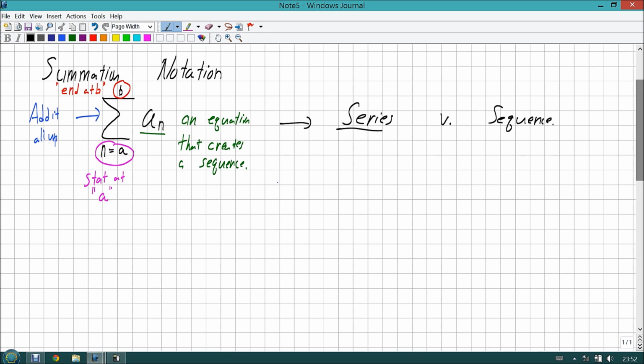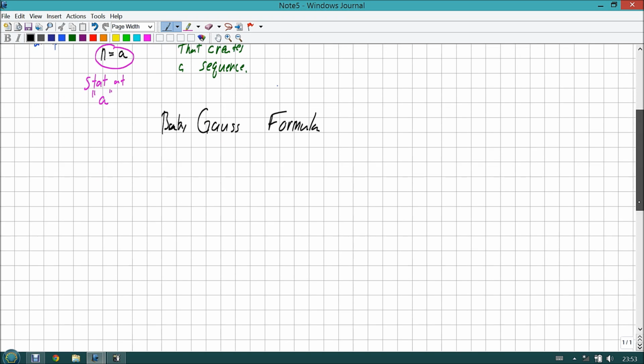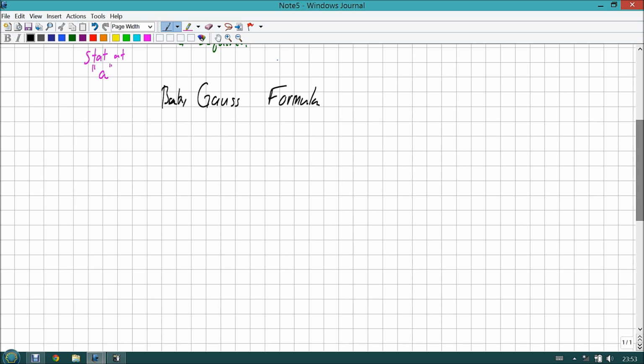Now let's look at some of the very special cases. The first very special case is, if you guys remember it, the Baby-Gauss formula. This is when Gauss was told when he was little that he was not allowed to go outside until he had added every number from 1 to 100 together.